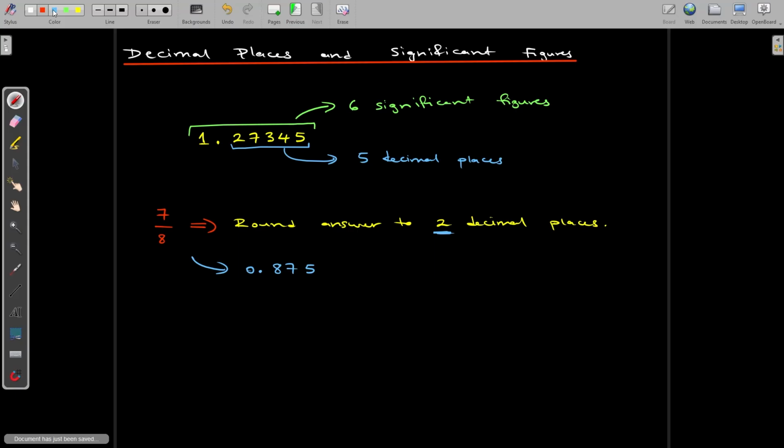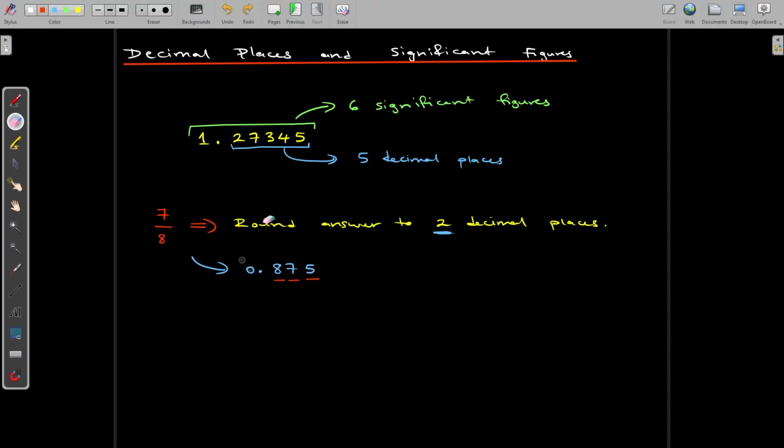So we want to round this off to 2 decimal places. This is the decimal point. This would be the first decimal place, second decimal place, third decimal place. What we want is the second decimal place. However, we can't just erase the 5 and say, okay, 0.87 is our answer.